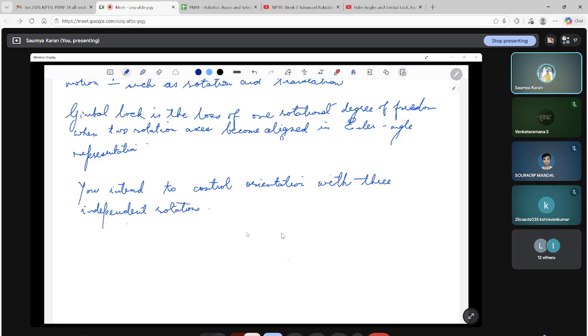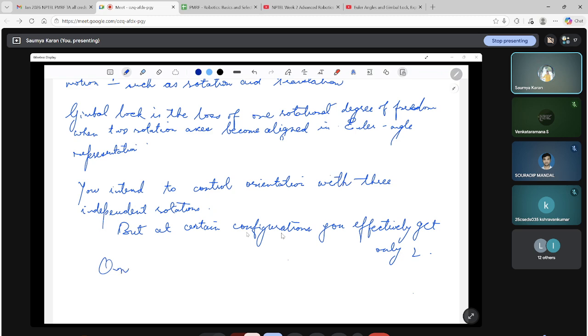Roll, pitch, and yaw, but at certain configurations, you effectively get only two. So one rotation becomes redundant.